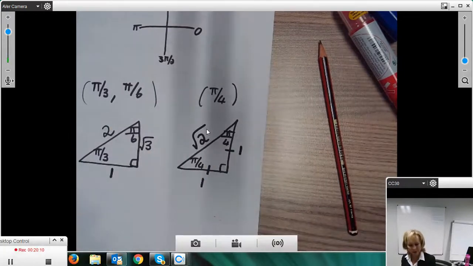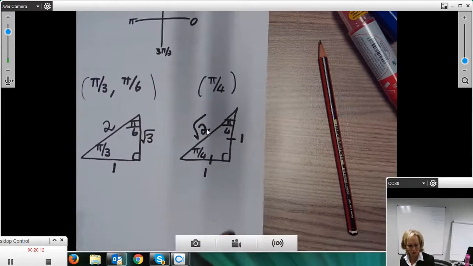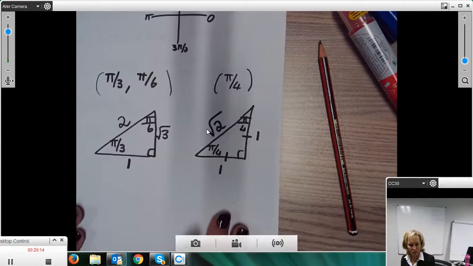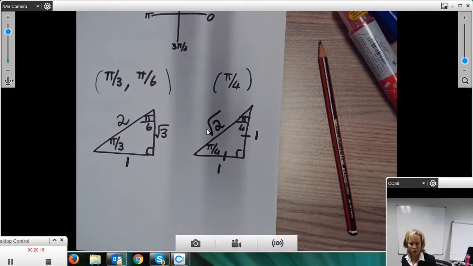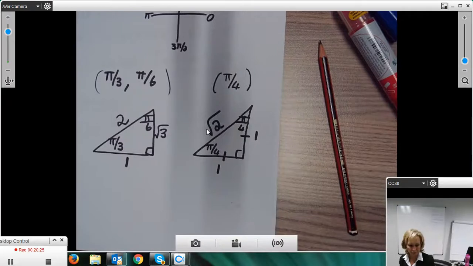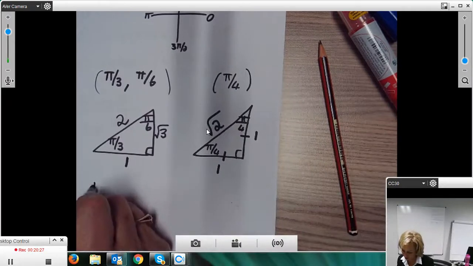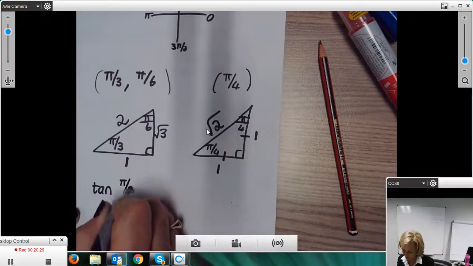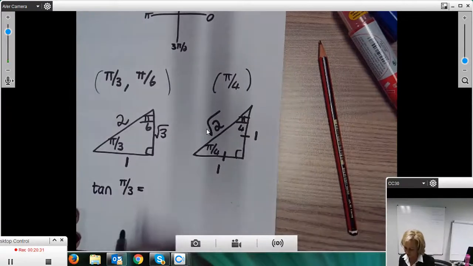Now using these two special angle triangles, you can read off any of those 6 ratios once you have reduced the angle to your reference angle. For example, if I want to read off the tan of pi by 3, I know that tan is opposite over adjacent.